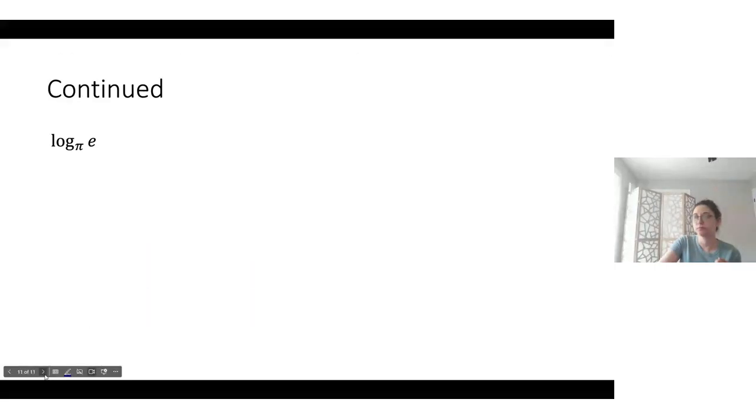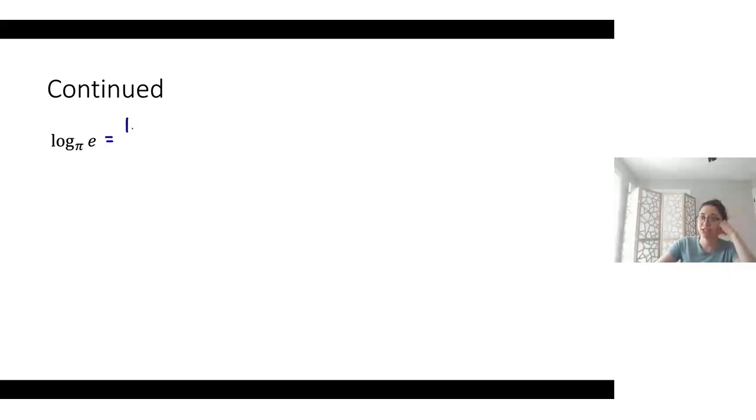Okay, let's do log base pi of e. So it's kind of a weird expression. This time, since I see I have e, I'm going to use the natural log instead. It doesn't matter, I could still use the common log, it would still give me the same answer. But since e is the base of the natural log, we're going to use that.